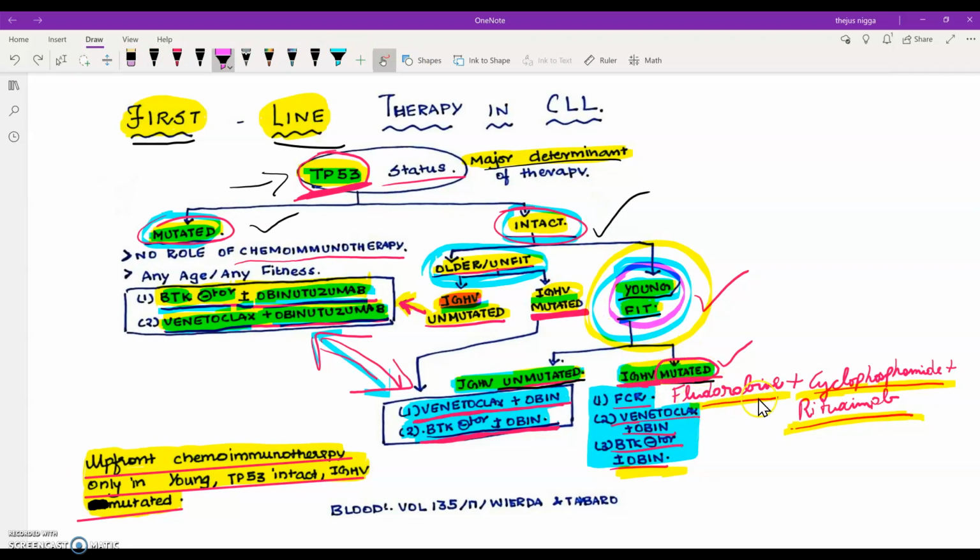There you give fludarabine, cyclophosphamide and rituximab with Bruton tyrosine kinase inhibitor with or without obinutuzumab and venetoclax with obinutuzumab. So the only real place where you give a different therapy is in the young fit patient with an intact TP53 with IGHV mutated. There you give fludarabine, cyclophosphamide, rituximab along with the standard drugs.